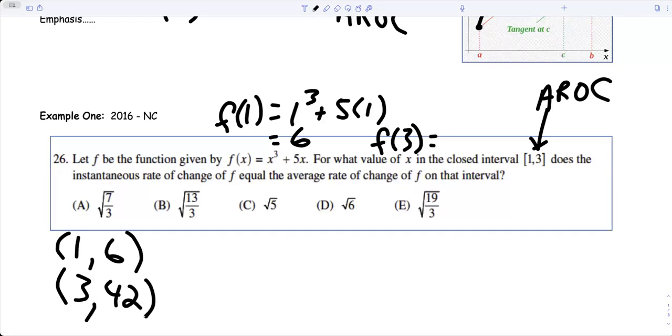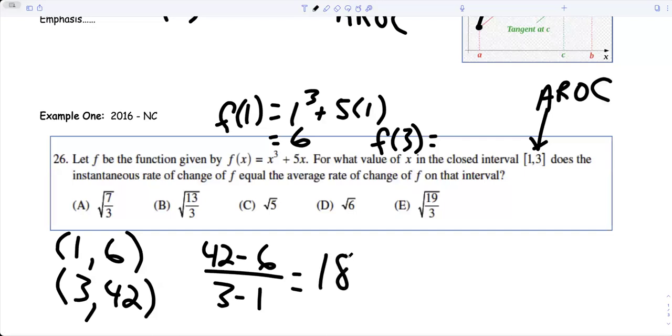Okay, so now I have my two coordinate points. I'm going to find the average rate of change. So we've got 42 minus 6 over 3 minus 1. 42 minus 6 is 36, divided by 2. That gives me 18.